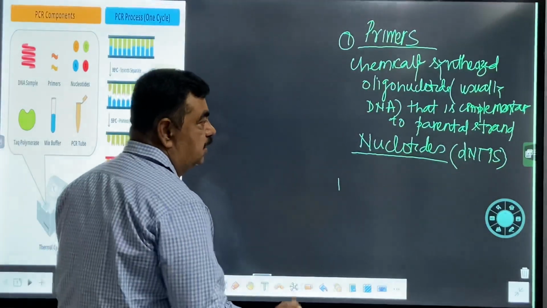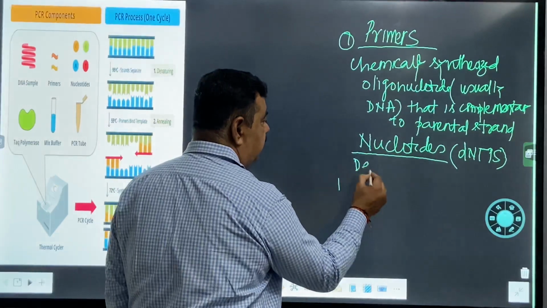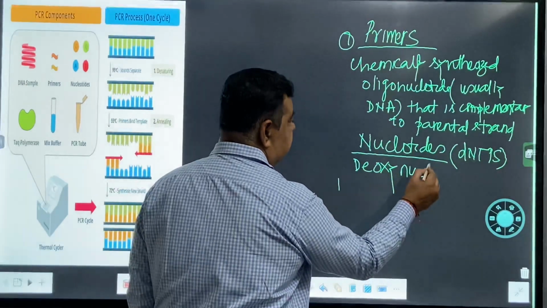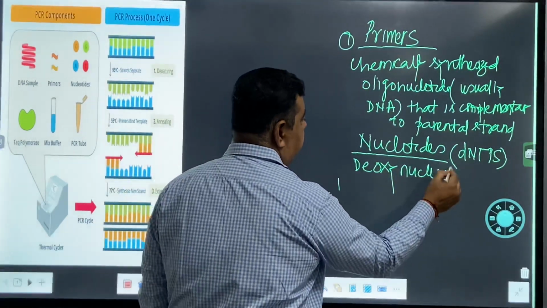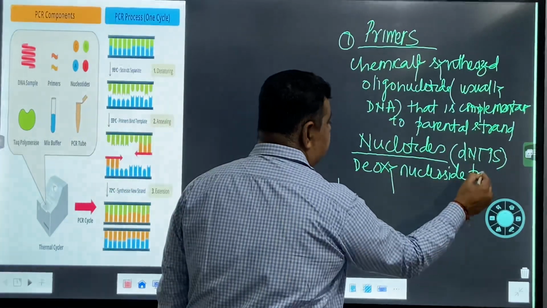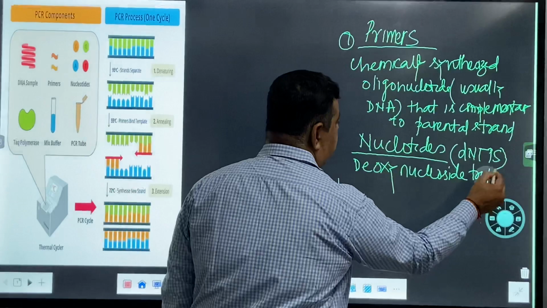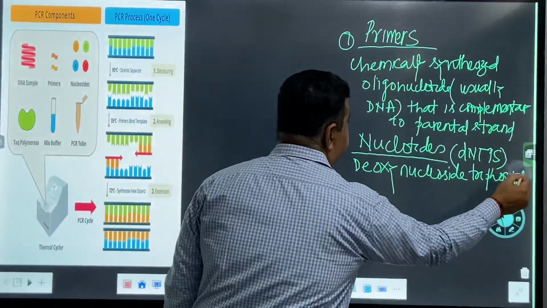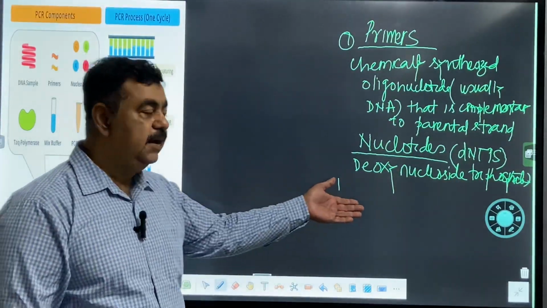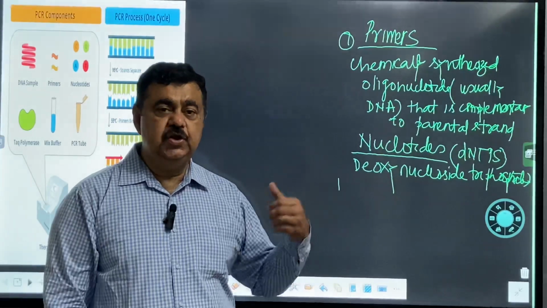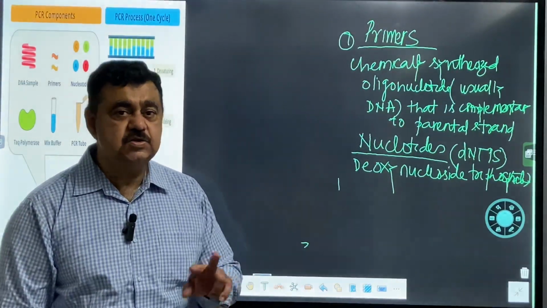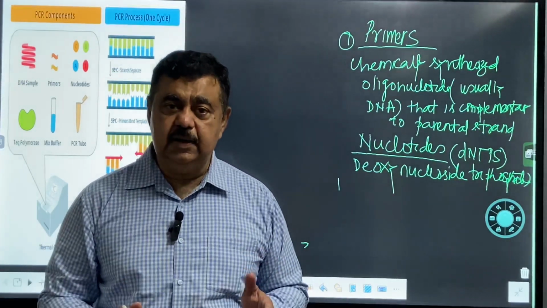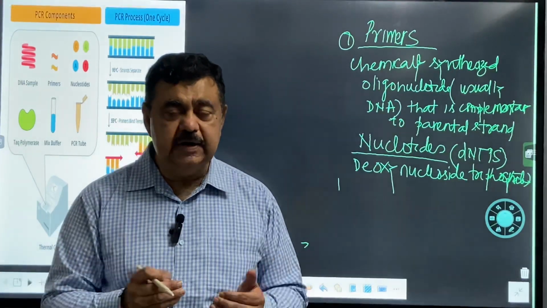It means deoxynucleoside triphosphate. As the name indicates, the nucleoside contains 3 phosphate groups, and the last 2 terminal phosphates have high energy rich phosphate bonds, and that provides the energy for polymerization of nucleotides.